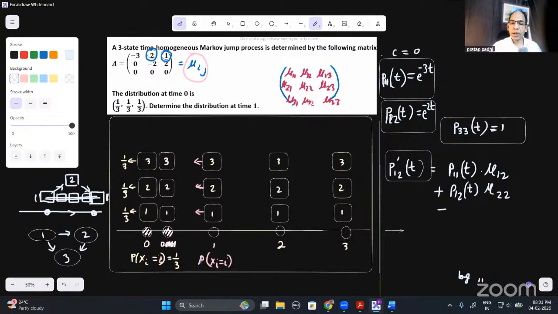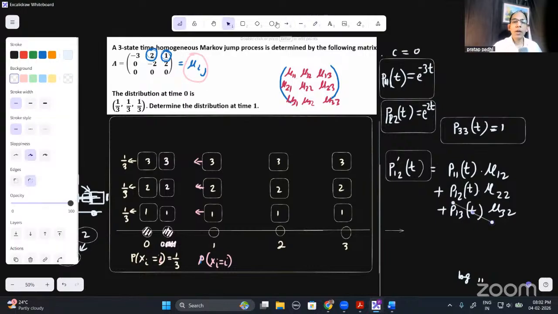Then 1, 3, P13, mu 3, 2. Now if you see mu 1 to 2, 3 to 2, 2 is this one. So mu 1 to 1 to 2, this one. Then 2 to 2, this one. Then 3 to 2, this one. So this one is 0 anyway, so this will not come. This is over. Only we have 2 terms.